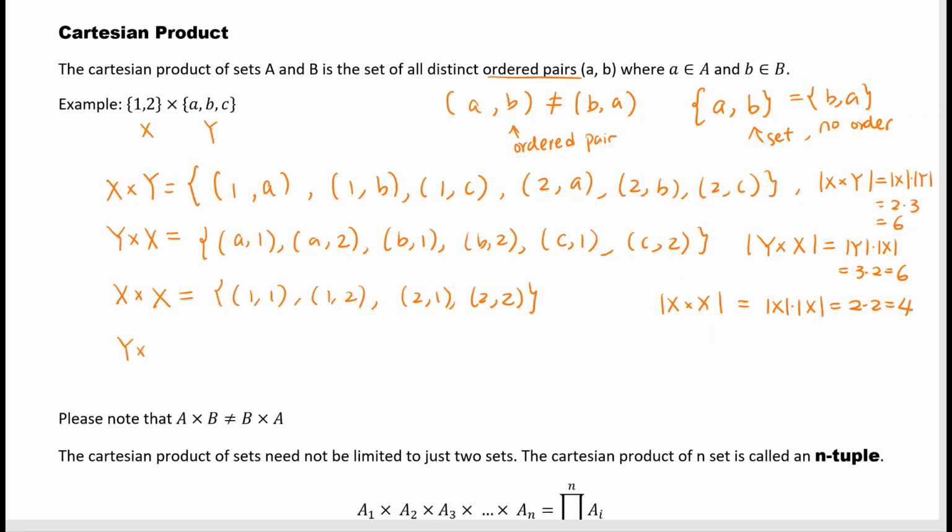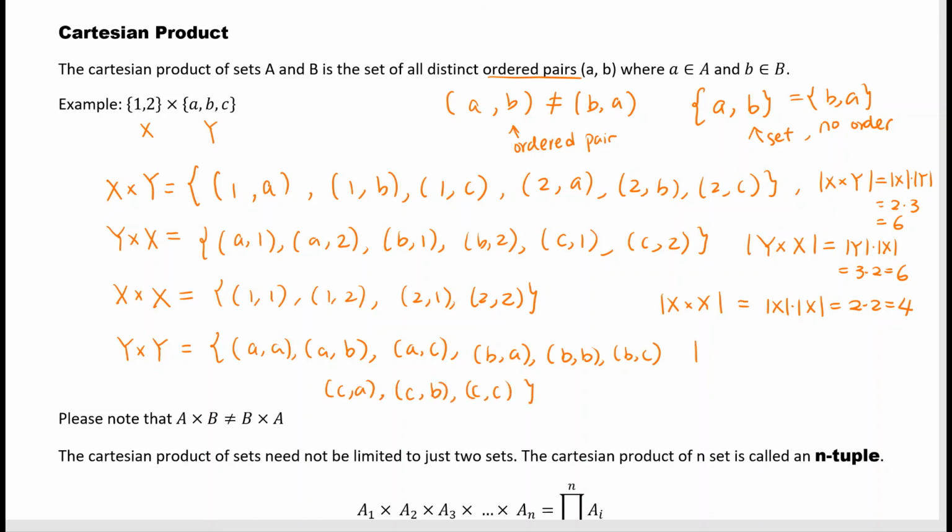Next, we have Y Cartesian product with Y. Well, {a, b, c}. So we have (a,a), (a,b), (a,c), (b,a), (b,b), (b,c), and we have (c,a), (c,b), and (c,c).